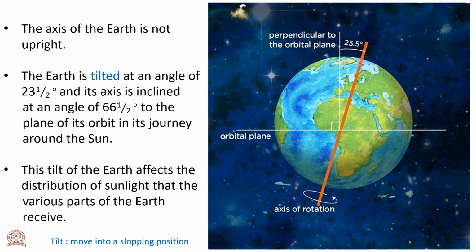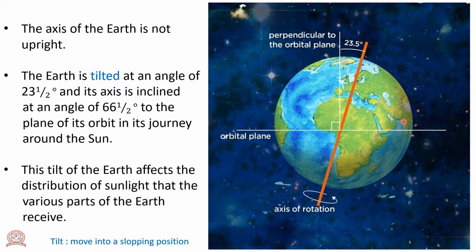Tilted means moved into a sloping position, and its axis is inclined 66.5 degrees to the plane of its orbit.